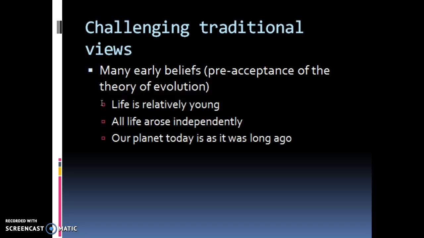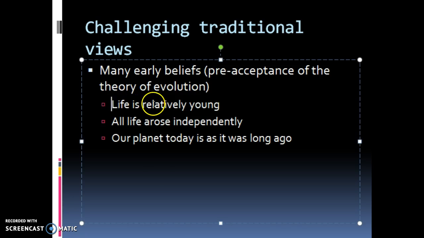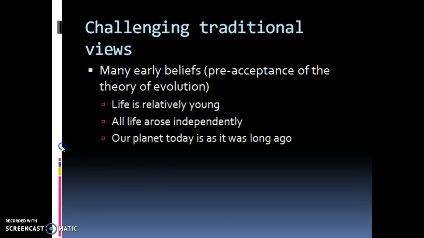So that's not very long. Yet we have fossils of living things that are tens of millions or hundreds of millions of years old. So it doesn't really add up for evidence of old living things to be around if people are thinking that life is kind of a new thing.